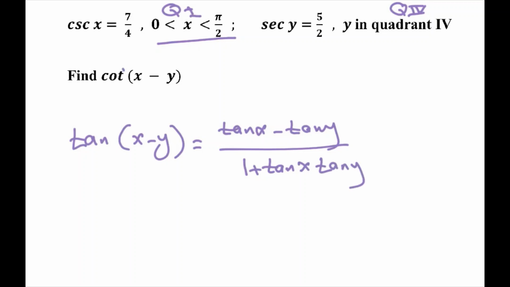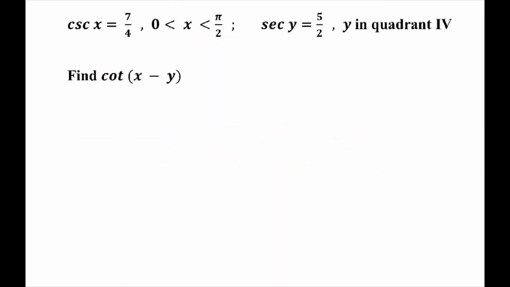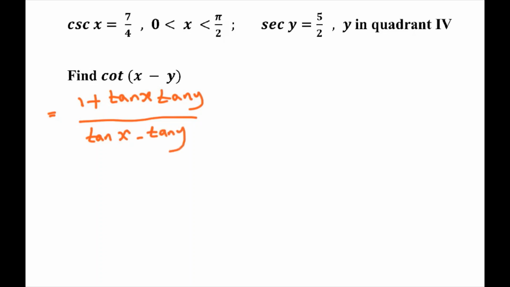And when we are talking about cotangent, we flip the ratio. So here we are going to say it's equal to 1 plus tangent x tangent y over tangent x minus tangent y. I need to find tangent x and tangent y. We're going to start with x.